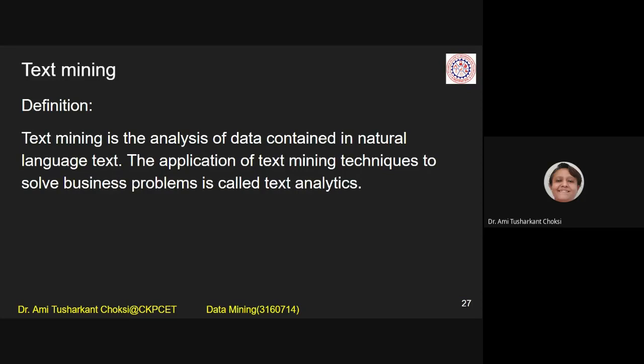The application of text mining techniques to solve business problems is called text analytics. See, for any type of data analytics, typically models are used. What sort of models? Where features are considered to measure the performance of your model.